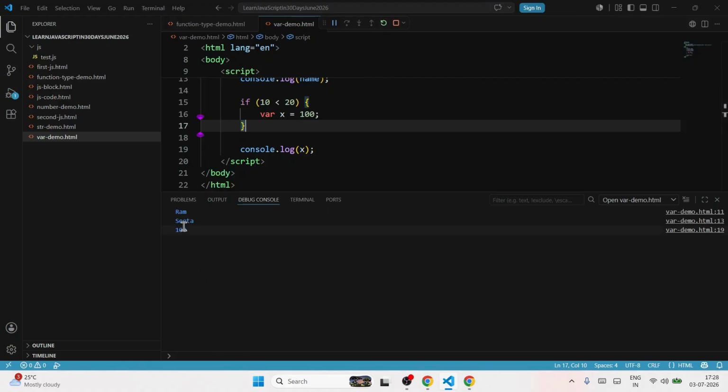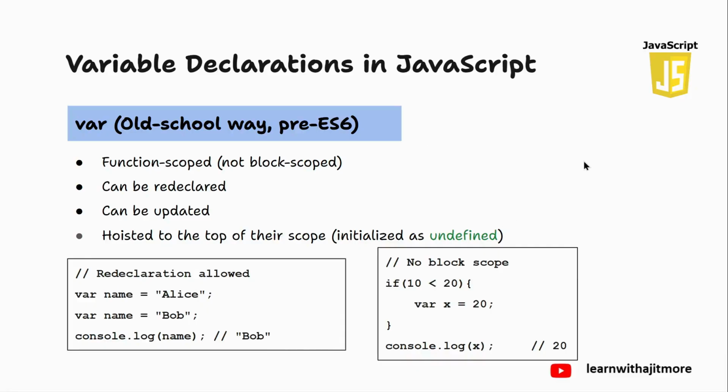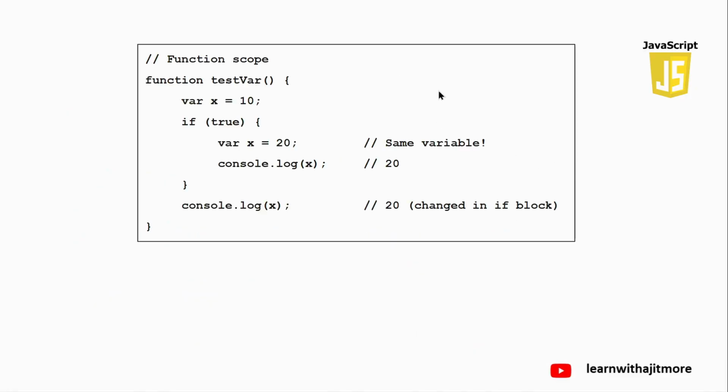See, is it printing 100 after if? इफ खत्म होने के बाहर भी हम x एक्सेस कर पा रहे हैं और वो 100 प्रिंट कर रहा है. इसका प्रूफ है, what does it prove? That it is having scope not at block level. ओके, इसका स्कोप ब्लॉक लेवल तक नहीं है. ठीक है.